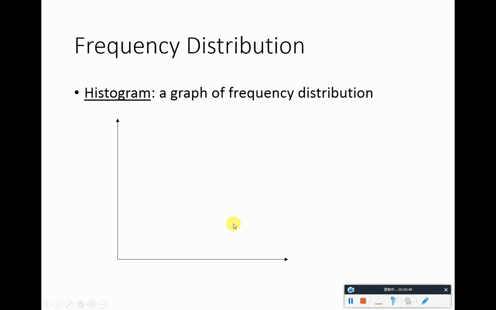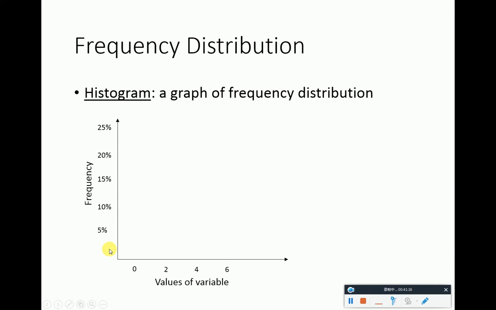So a histogram is typically placed on a coordinate system like this. The x-axis is the values of the variable, all the possible values that a particular variable can take. It can be, in this case, 0, 2, 4, 6. It can be 1, 2, 3, 4, 5. It doesn't matter as long as these are values that this variable can take.